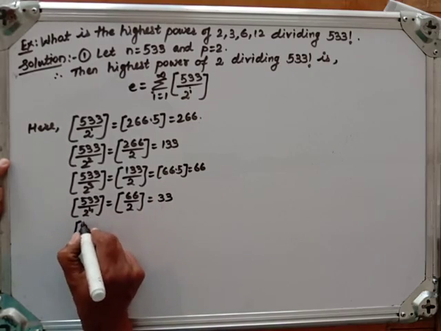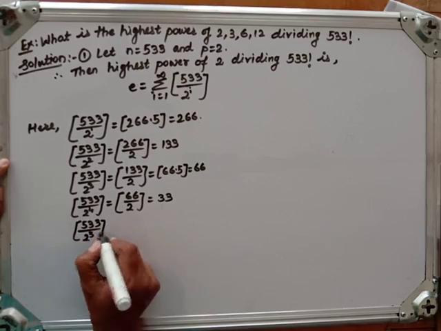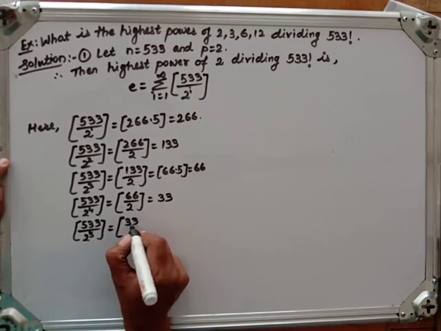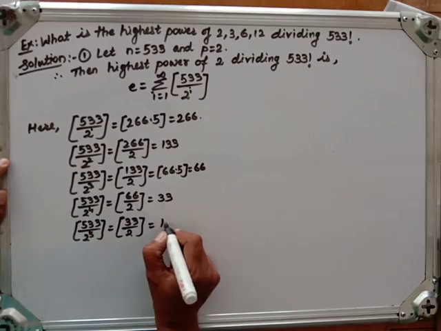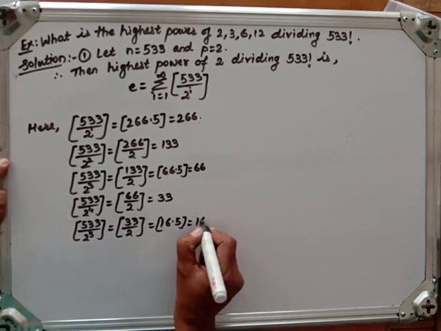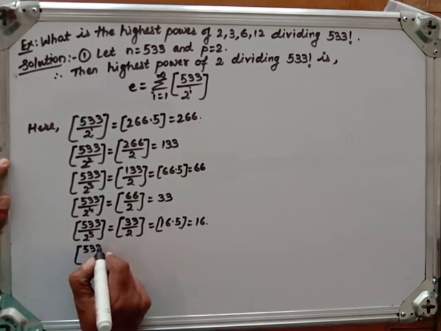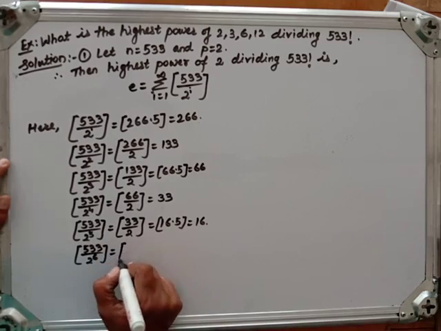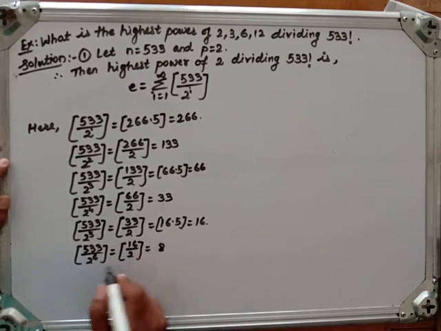Next, 533 upon 2 raised to 5, that is 33 by 2, so it is 16.5. That is, the integral part is 16. Next, 533 upon 2 raised to 6, that is 16 by 2, so it is 8.